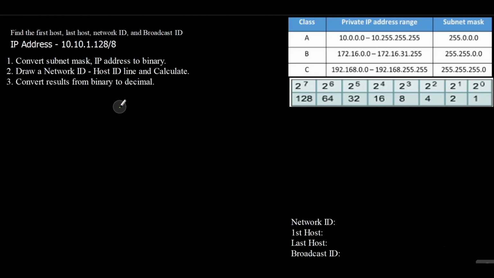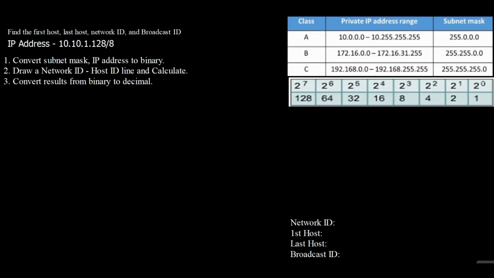Then I'm going to draw a line to separate my network ID from the host ID. Then I'm going to do some calculation in binary to find the network first, last and broadcast ID. After finishing the binary calculation, I'm going to convert back to decimal and write it down in this location here.